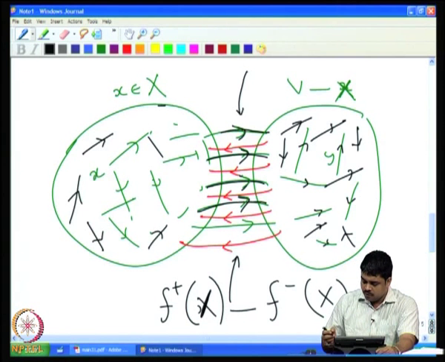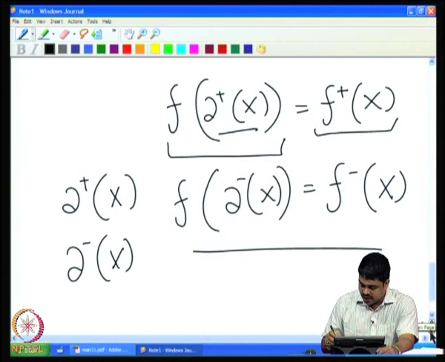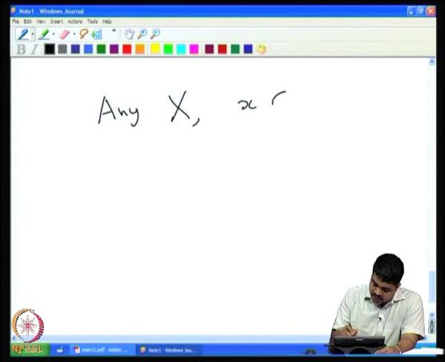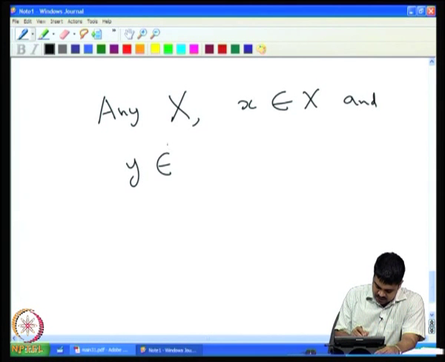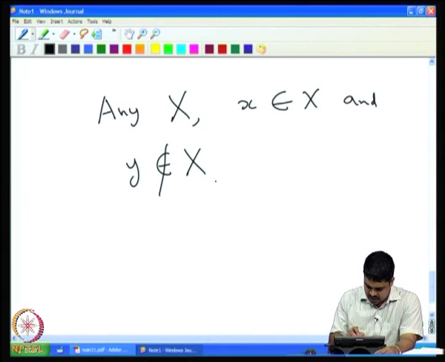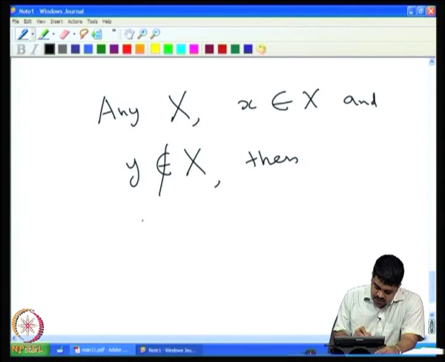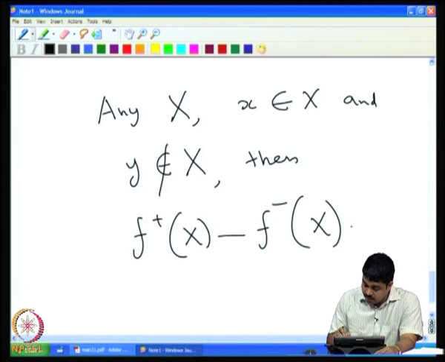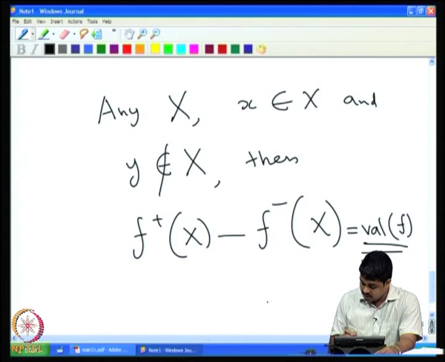So, we claim that if you take any x such that our source belongs to that set and y does not belong to that set, that means y is in v minus x, then f plus of x minus f minus of x will be essentially the value of the flow that we have defined. What was that?